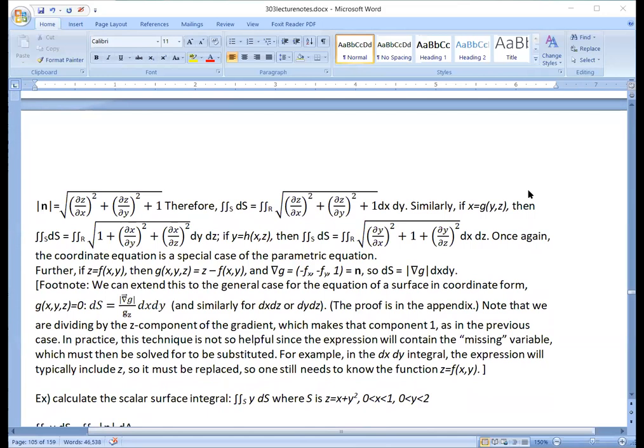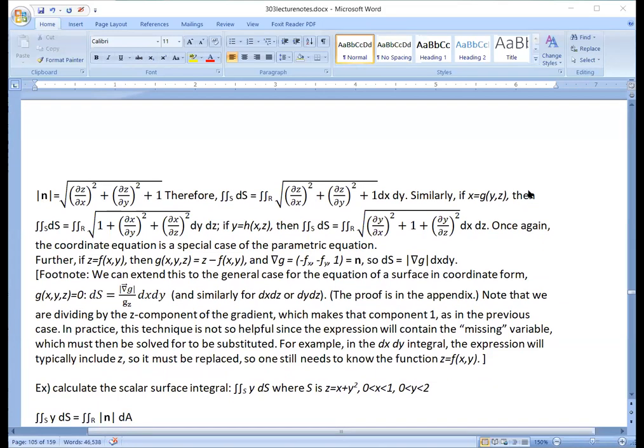So the first thing is let's write down our basic facts. So we're doing the scalar surface integral, and we know that in order to do this, we're going to have to rewrite it parametrically. So the conversion is the double integral of, oh, should be y in there. Okay. So the double integral over the surface of y dS, we know how dS converts.